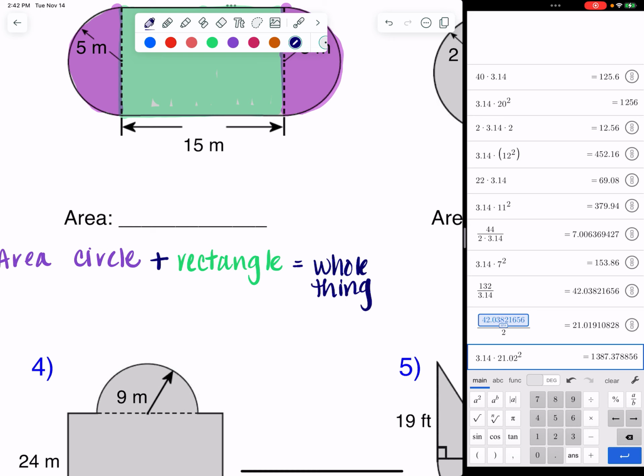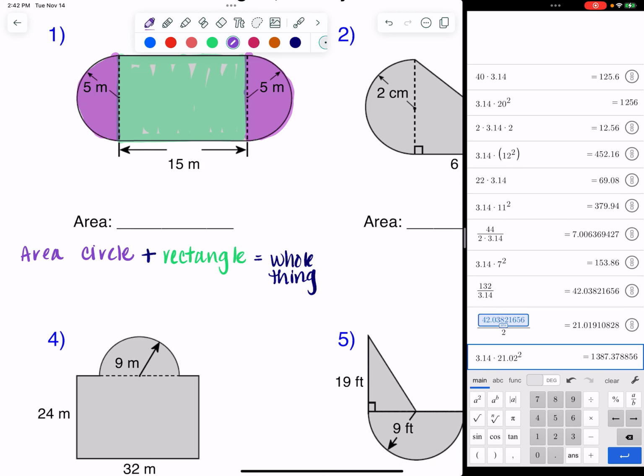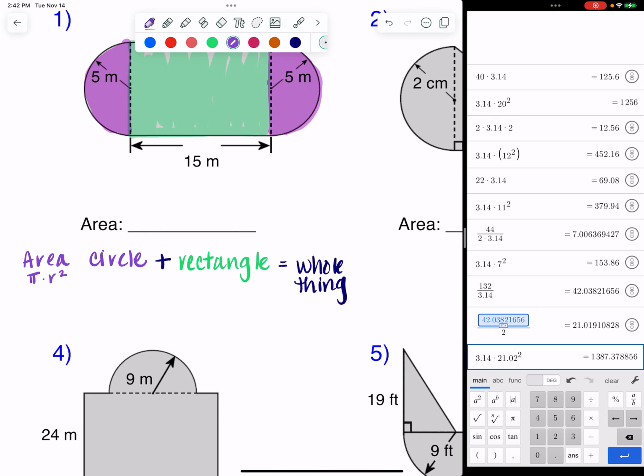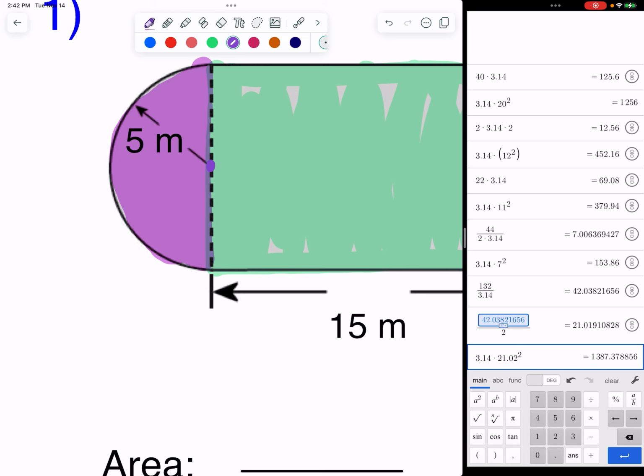So buckle your helmets, folks, because here we go. We're going to start by finding the area of the circle. And you guys know that the area of a circle is pi times radius squared. So let's see what we've got. I know that from the center of that half circle to the edge is 5 meters.